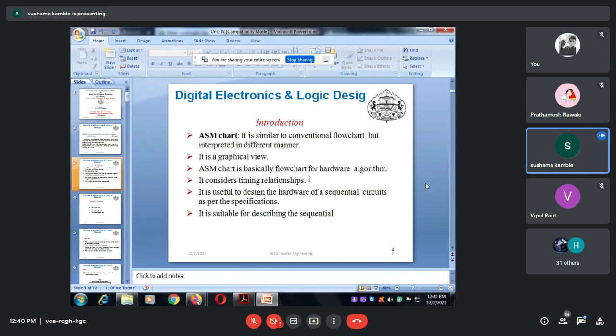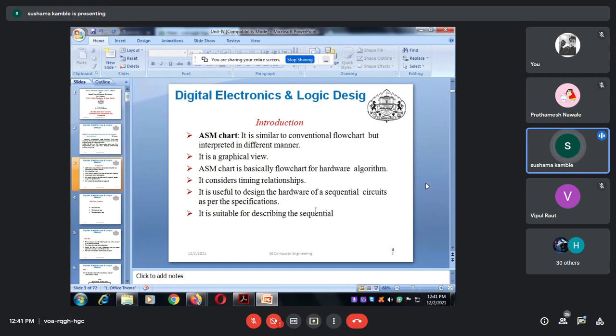Okay, so in that ASM, you are considering the timing relationships also. While designing a flow chart for software, you are not considering any timing relationships. But while designing it for hardware algorithms, you have to consider the timing relationships. Okay. So it is used to design the hardware of sequential circuits as per your specifications. We'll see directly the diagrams and symbol notation.